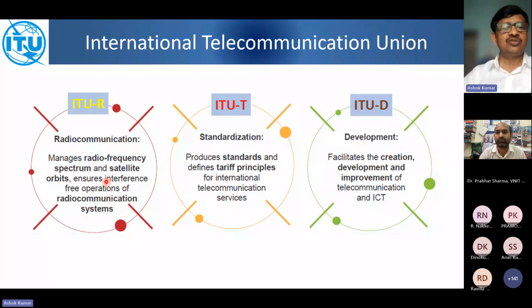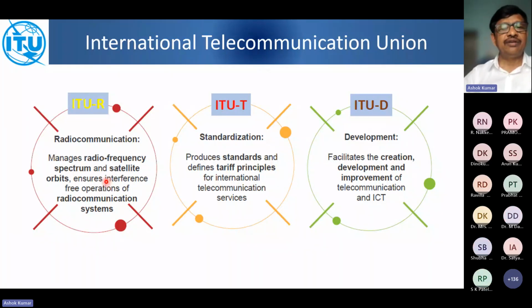In addition, they also talk about radio frequency spectrum, so they assign radio frequency for mobile communications. They also talk about satellite orbits. ITU-T makes standards on other aspects, and ITU-D is related to development. So our focus is on ITU-R.